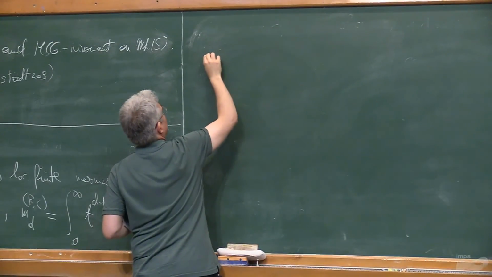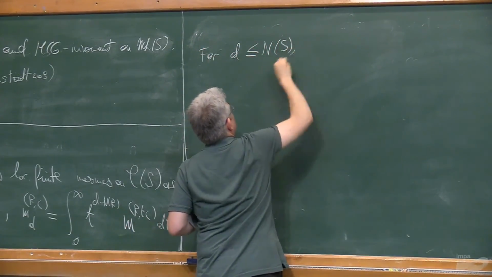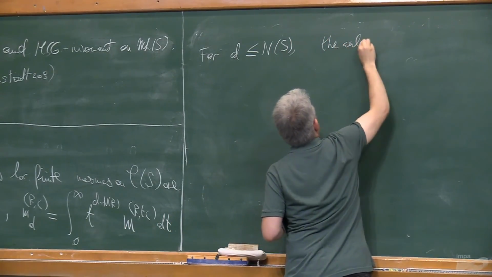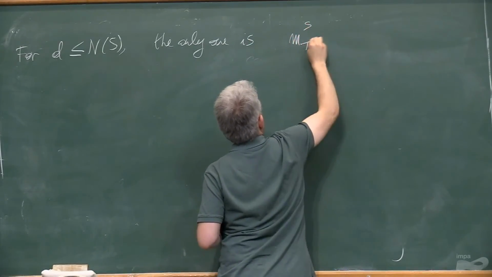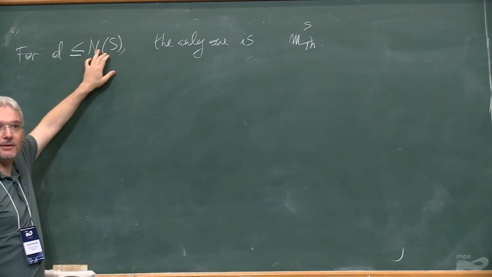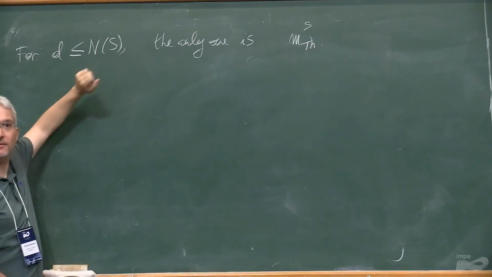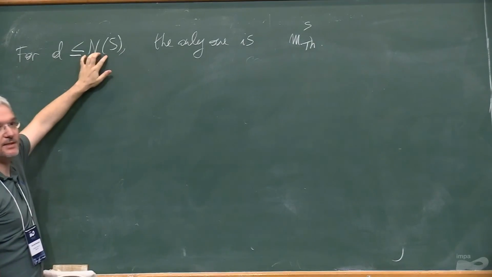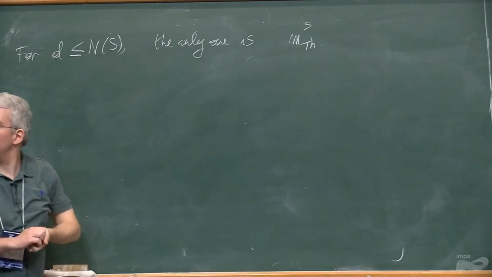So for d at most n of s, the only one is Thurston's measure. All the others have greater homogeneity. As a consequence, if one has a counting problem that goes polynomially with this power, then you know that in the limit, if you take the limit of those measures, you get exactly a multiple of Thurston's measure. That's why in many problems there is this homogeneity. You will always get, in the end, that everything depends on Thurston's measure. OK, thank you.